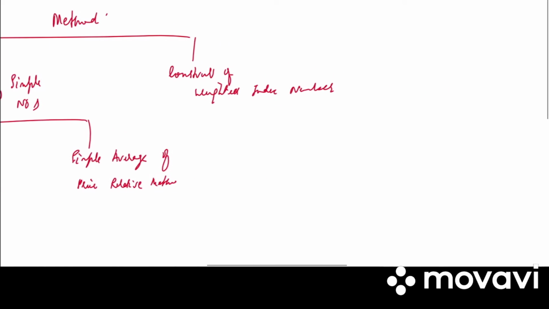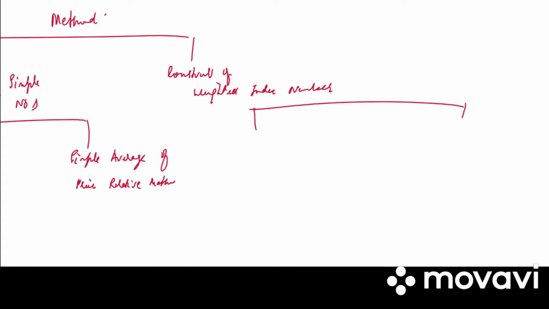And under construction of weighted index number, we have two types, weighted average of price relative method and weighted aggregative method.